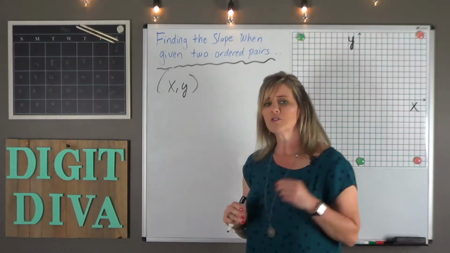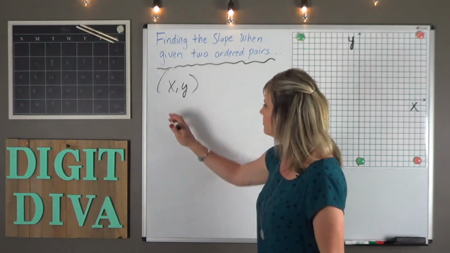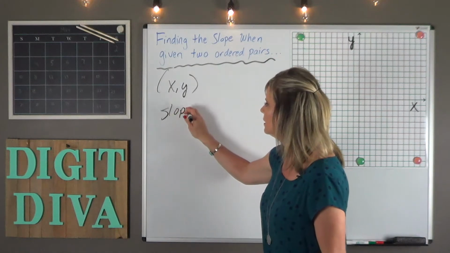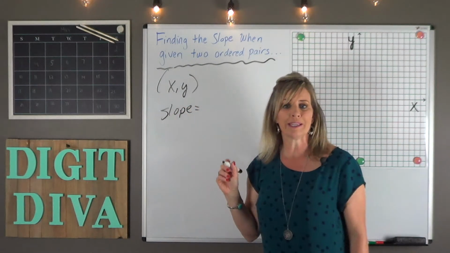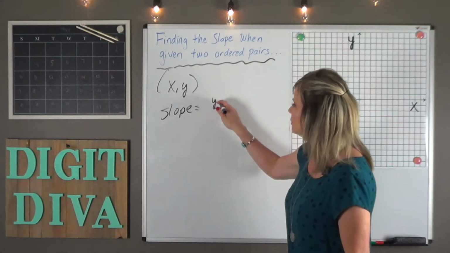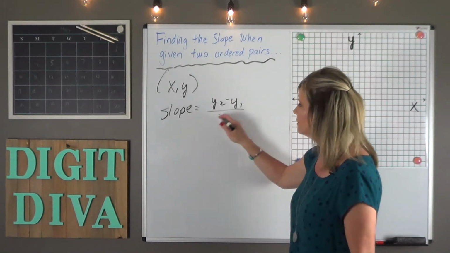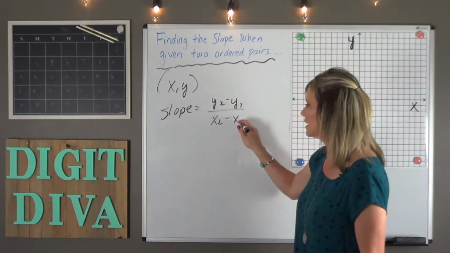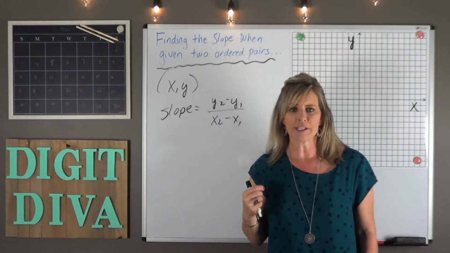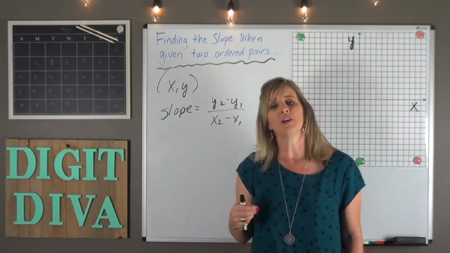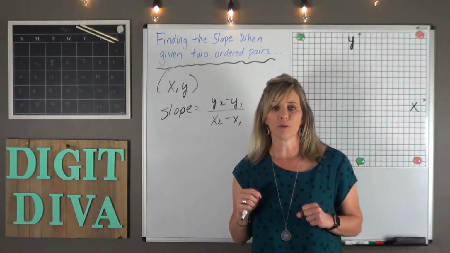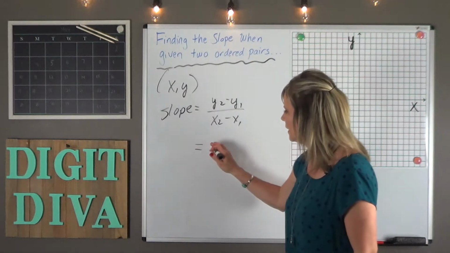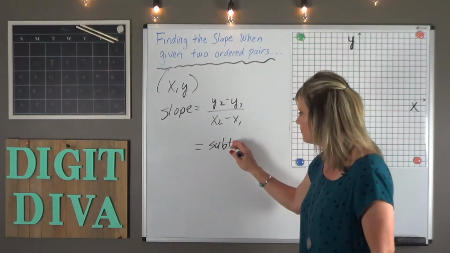Okay? So there's a formula to find the slope when given two ordered pairs. Slope is going to be equal to y2 minus y1 divided by x2 minus x1. And that always confuses some of my students. So I like to simplify it a little bit more. I will say, subtract your y's on top.